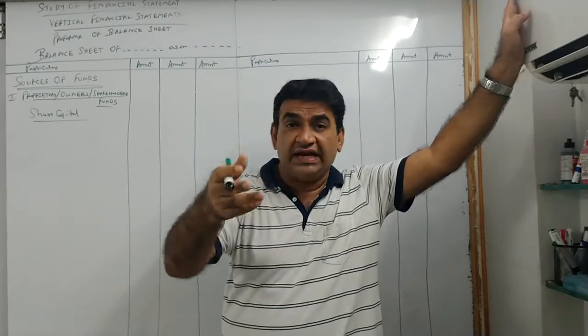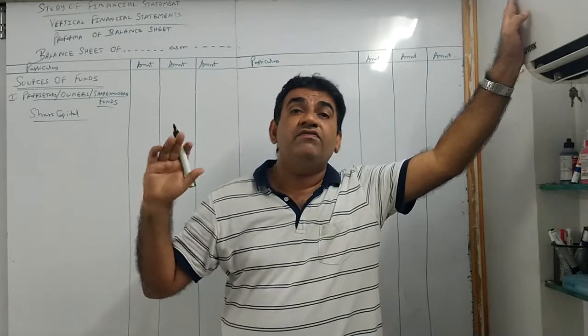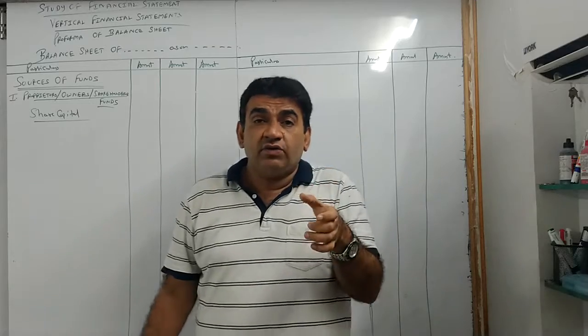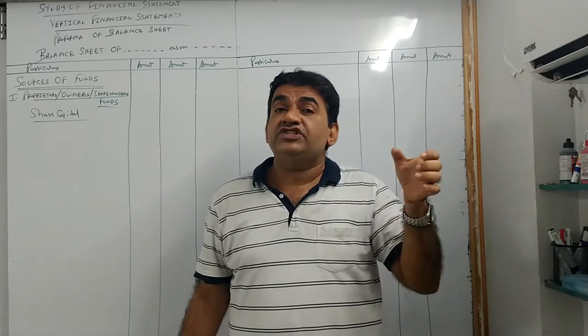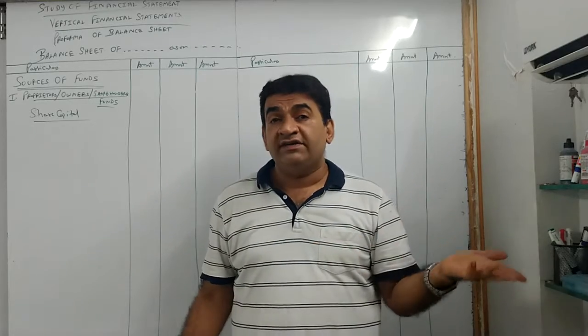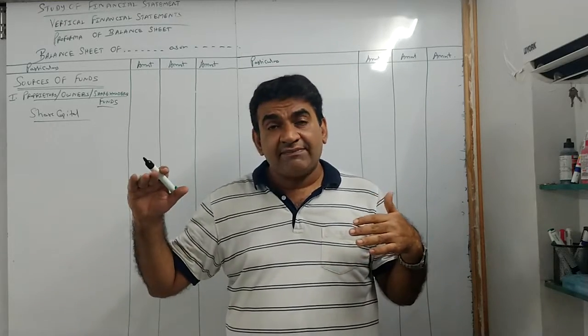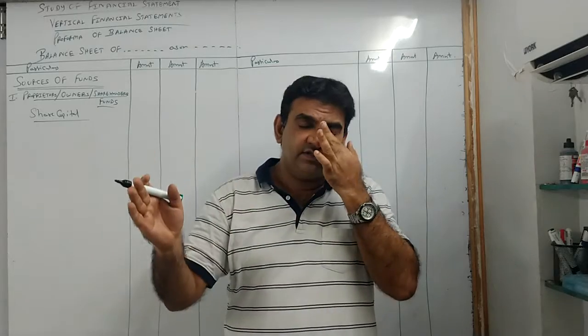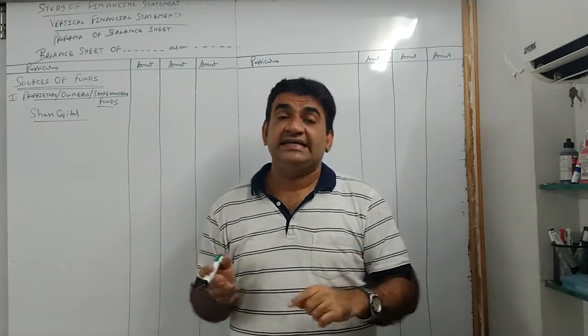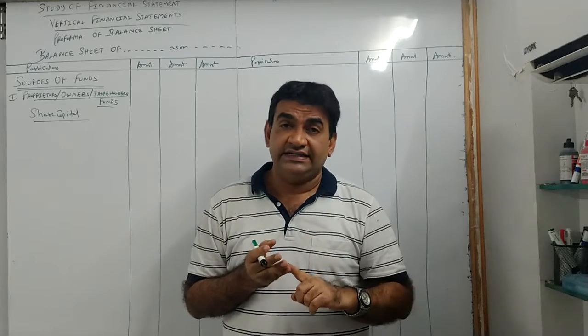In the same way, on shares we get income in the form of dividend. If you are an equity shareholder, your rate of dividend is not fixed. You may get a high rate, a low rate, or no dividend. But in preference share capital, the rate of dividend is fixed. So one preference is that they get a fixed rate of dividend.